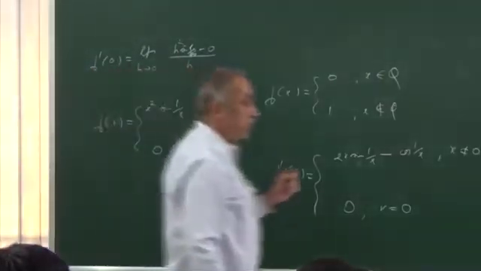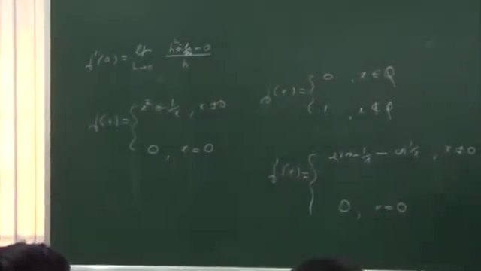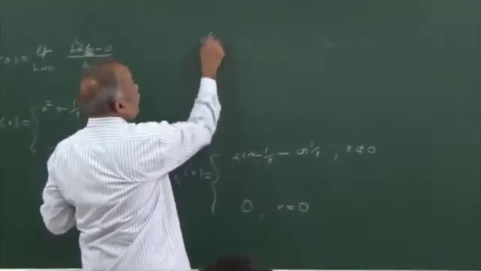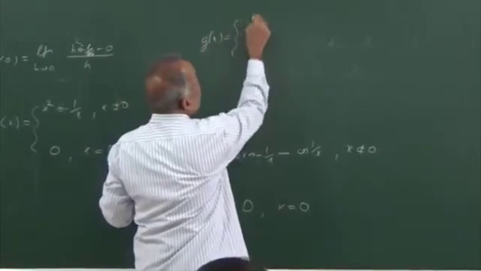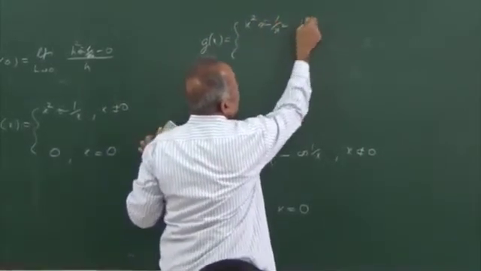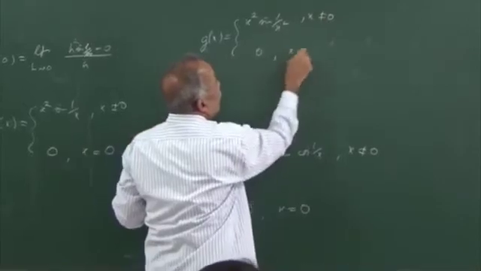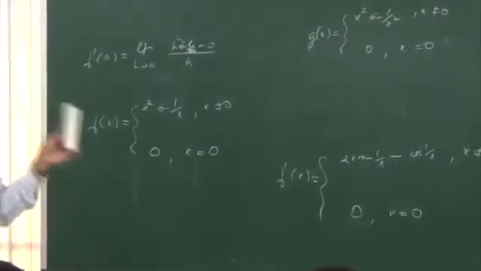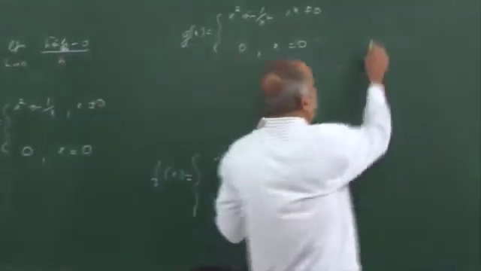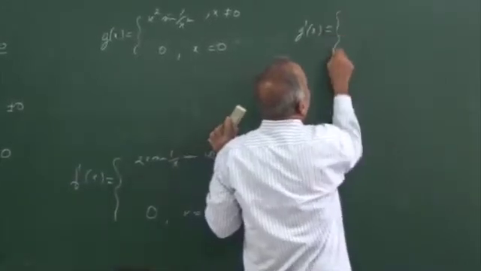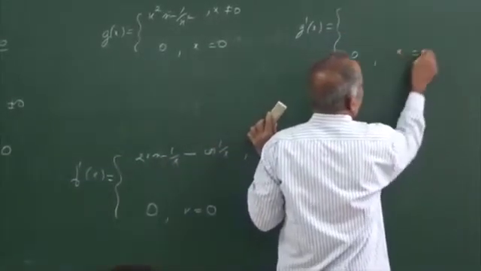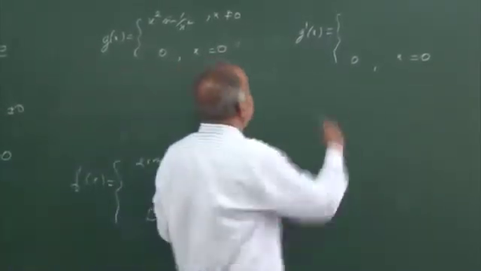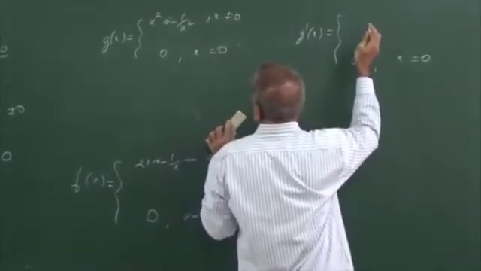One more example. As before, the function is defined everywhere, continuous everywhere, differentiable everywhere. Find the derivative. It is easy to find using the definition of derivative at 0 and the derivative at a point not equal to 0.